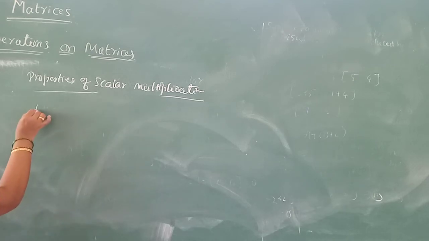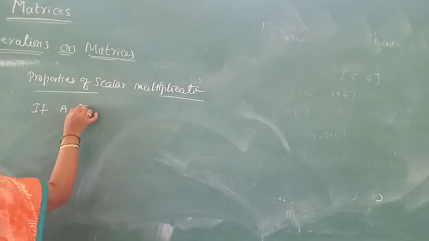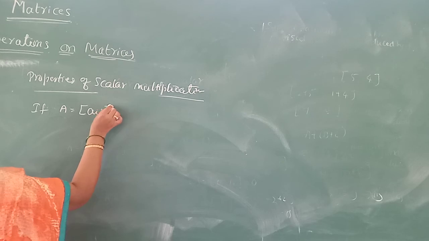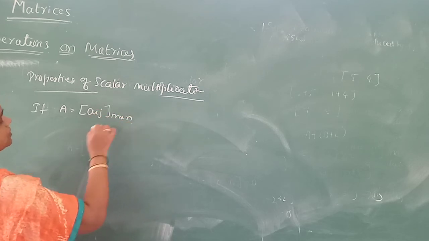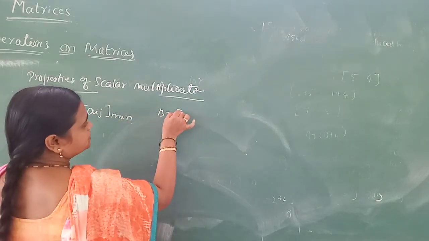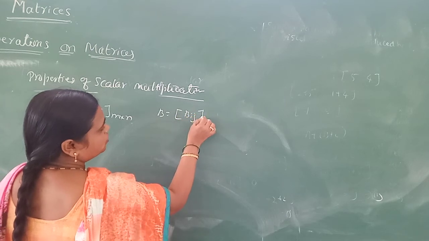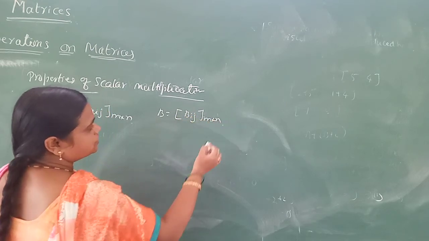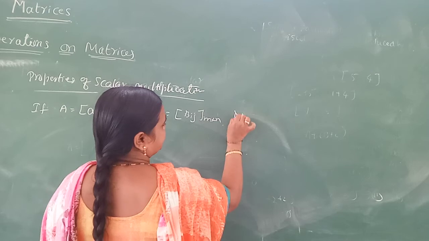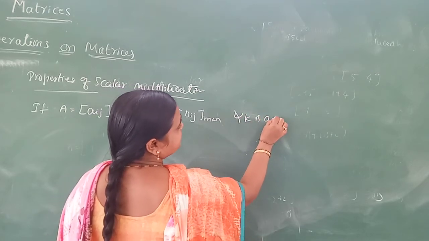I consider a matrix A is [aij] of order M cross N and matrix B is [bij] of the same order M cross N, and K is any scalar.